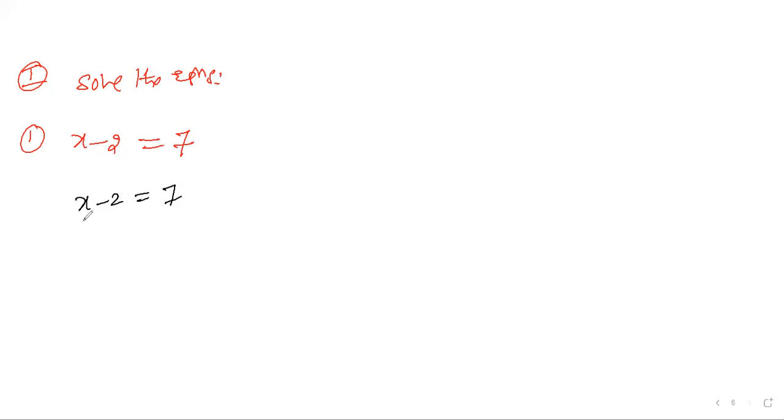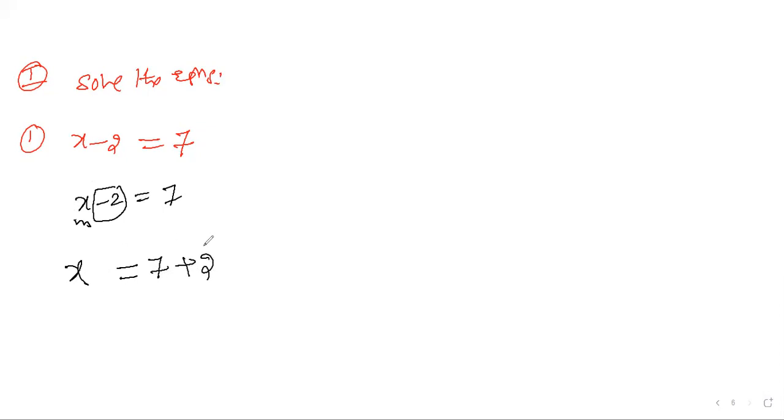Okay. Next, step number 3: the x term should be on the left. What are the x terms? This is the only term, and it should stay on the LHS. On the RHS side, minus 2 is there, so send it to the right side. If it is minus 2 on the left side and you go to the right side, plus 2 will come.